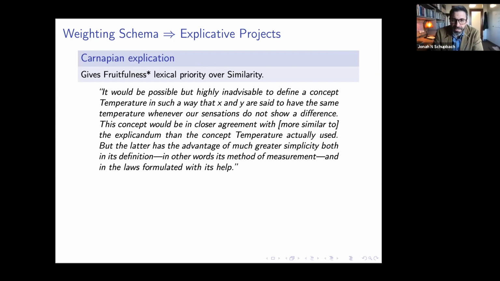This concept would be in closer agreement with, that is more similar to, the explicandum than the concept temperature actually used. But, and here comes the important comment, the latter has the advantage of much greater simplicity, both in its definition, in other words, in its method of measurement, and in the laws formulated with its help.